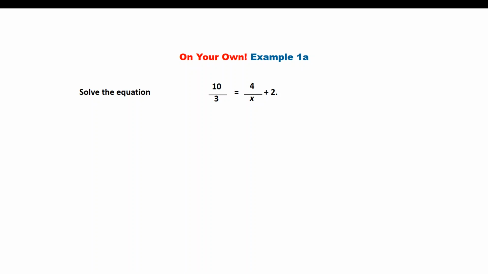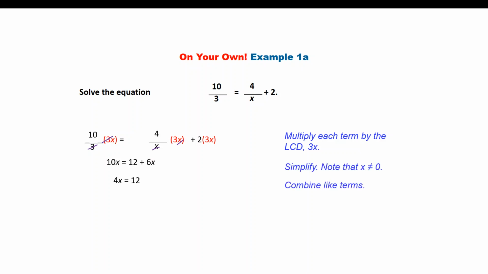Once again, the first thing we want to do is find a common denominator, and that's pretty easy to see. It's going to be 3x. So we're going to multiply each side by 3x. Let's look at what's going to happen. My 3's are going to cancel out, and my x here will cancel out. So that's going to leave me with 10x equals 12 plus 6x.